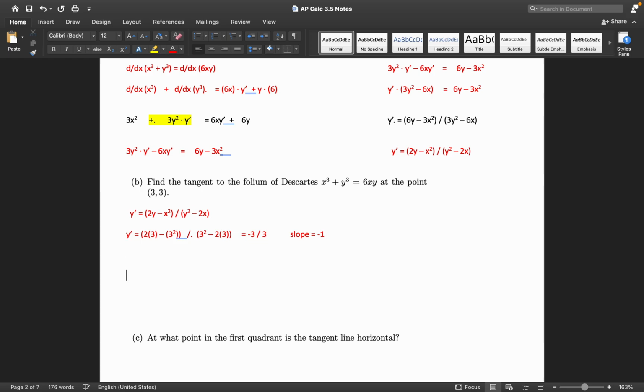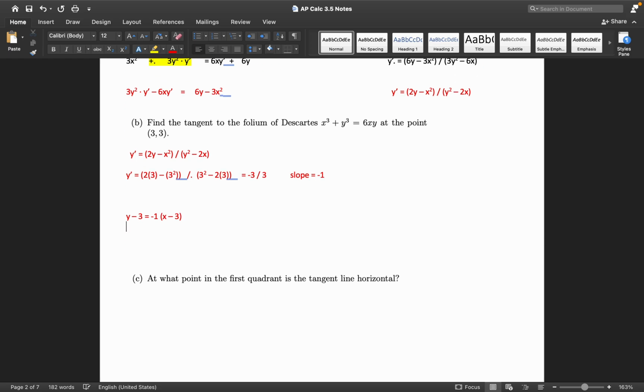All right, tangent. Same process. We've got y minus y1 equals our slope times x minus x1, or y equals negative 1x plus 6.